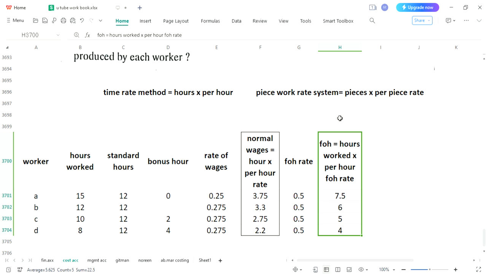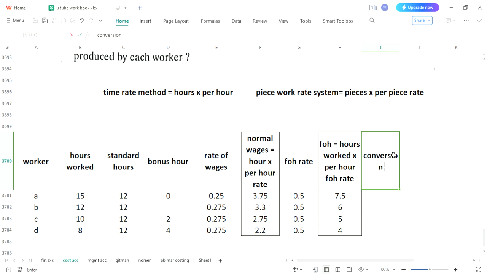The third requirement he is asking is to calculate your conversion cost. And as you know, your conversion cost would be calculated when you add labor cost and FH cost.